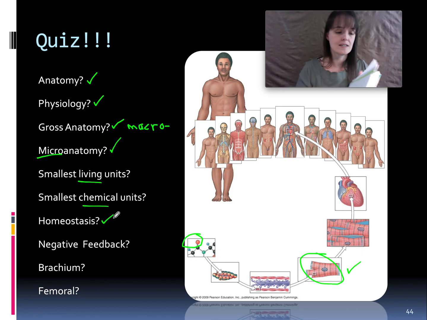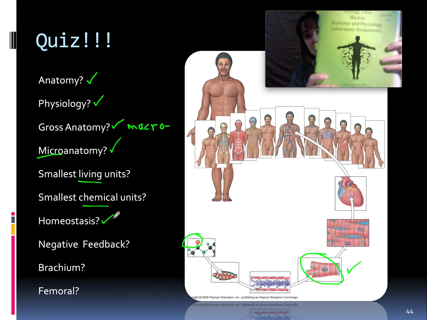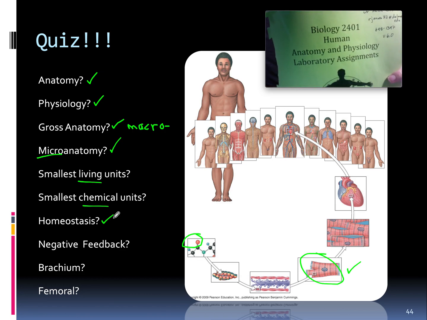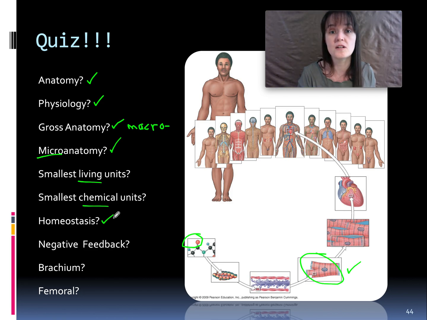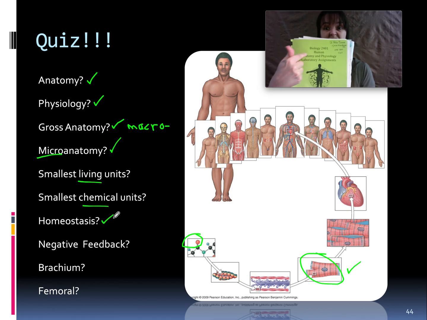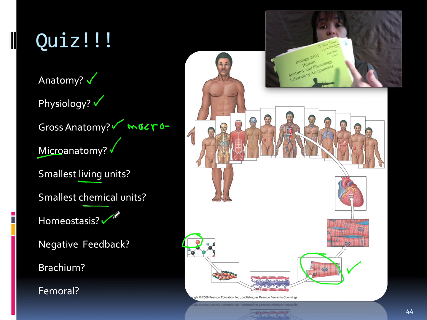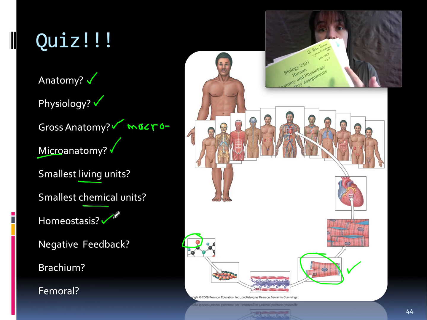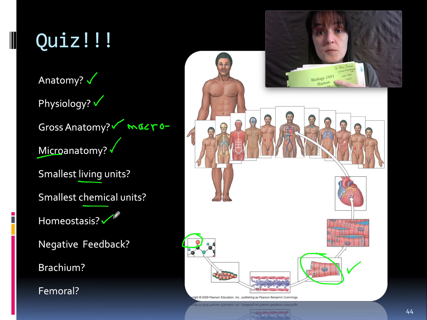So if you've written something that you found on the interwebs that's not what's in this book, then that's not for credit. That's not right. And it's a waste of your time to memorize things that are wrong answers on the test. So literally, if it's not in this booklet, it's not a right answer on the lab test. So that's how that works.